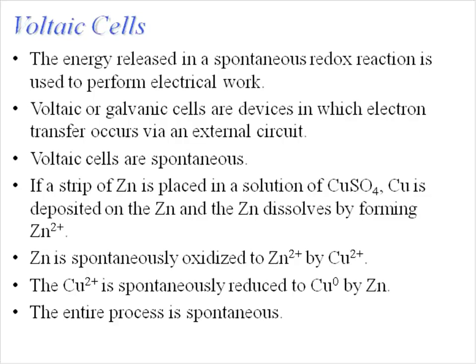That natural property makes the cell. This is happening automatically. You're not really doing anything extra. Copper sulfate solution, zinc strip, it all happens automatically. It is a spontaneous situation taking place.